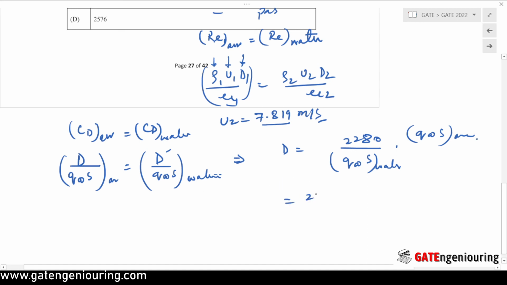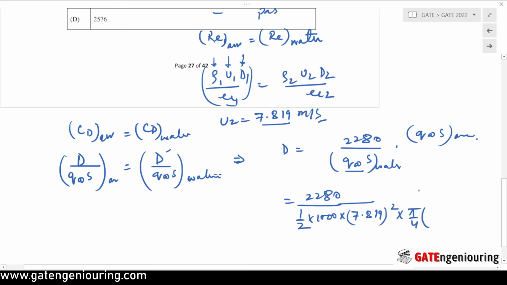Okay, so 2280 divided by half, water density is 1000, into rho v square, so half into rho into v square. Velocity is 7.819 square. So that is the dynamic pressure, multiplied with pi by 4 of the diameter.